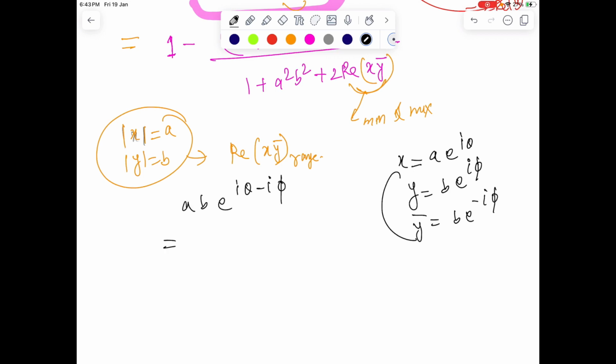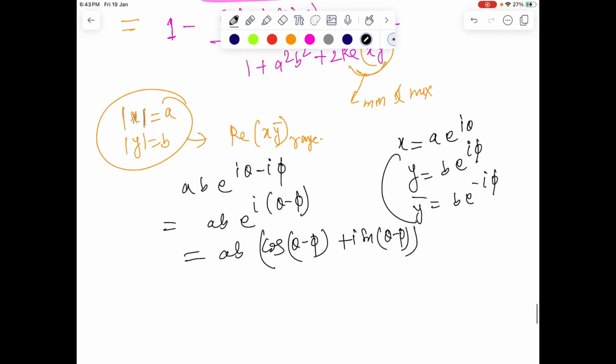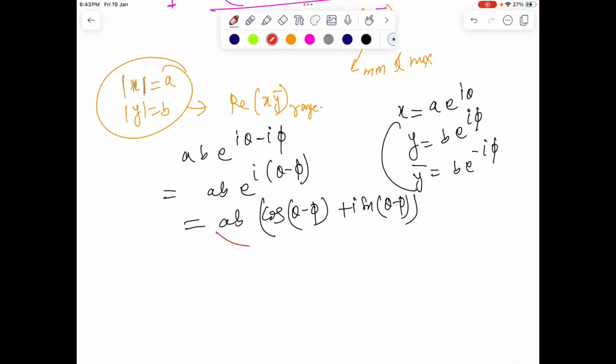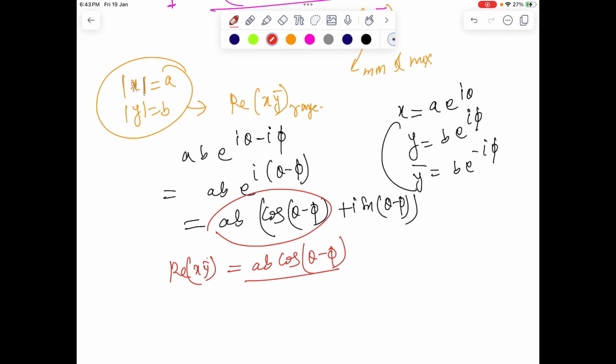So x y bar will be a b e to the power i theta minus i phi, which is a b into e to the power i (theta minus phi). And I know it's a b times cos(theta minus phi) plus i sin(theta minus phi). So what about the real part of this quantity? The real part of x y bar is a b cos(theta minus phi), and hence the maximum and minimum value of that is already known to us.